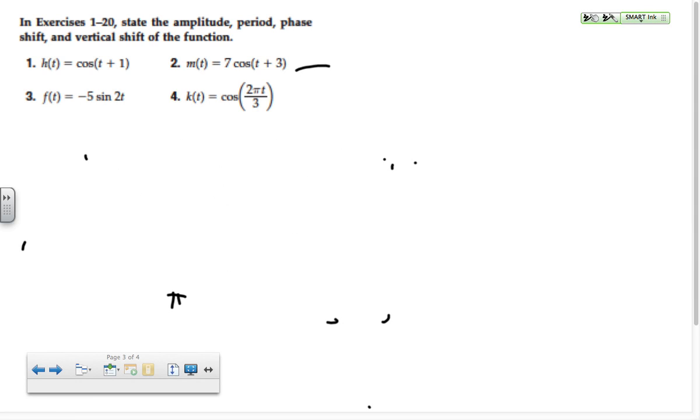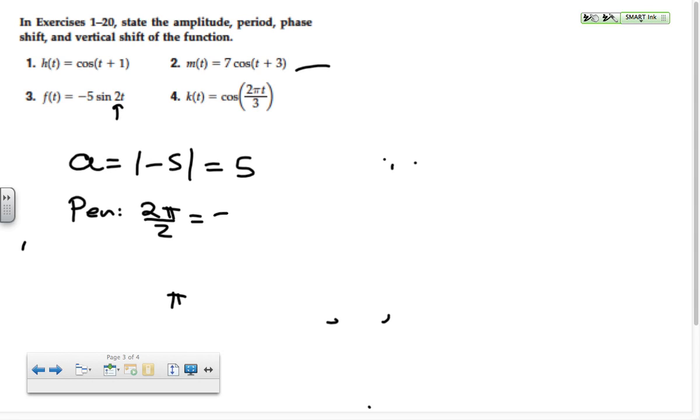So number 3. Amplitude is the absolute value of negative 5, which is 5. Okay. My period. Oh, here we have a shift in a period. Okay. My period is going to be 2 pi over 2, so that gives me pi.